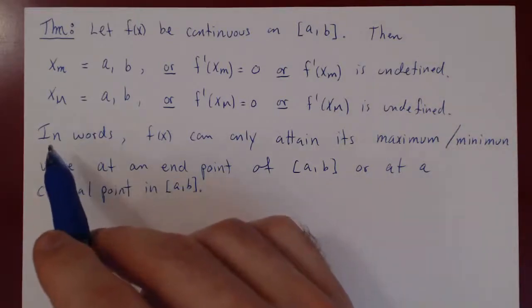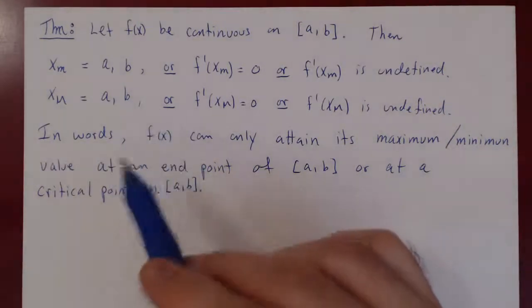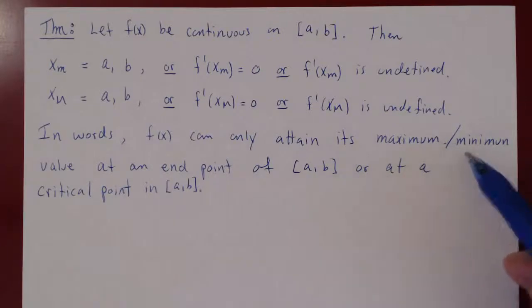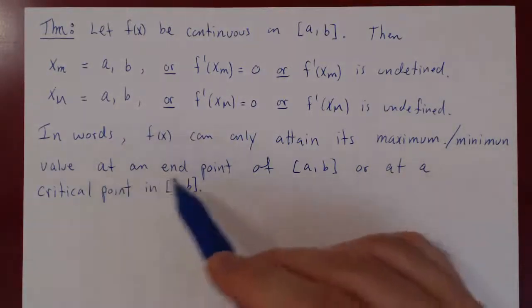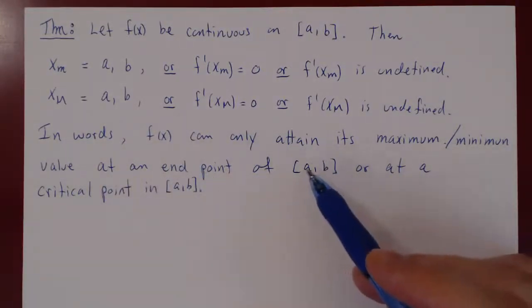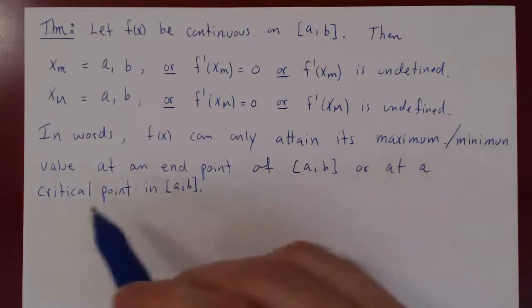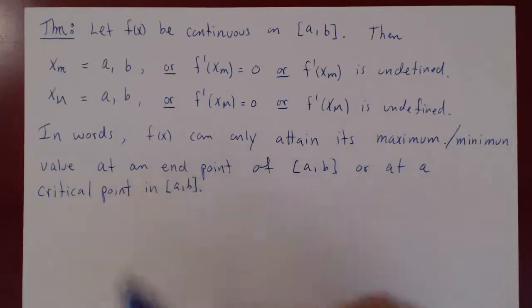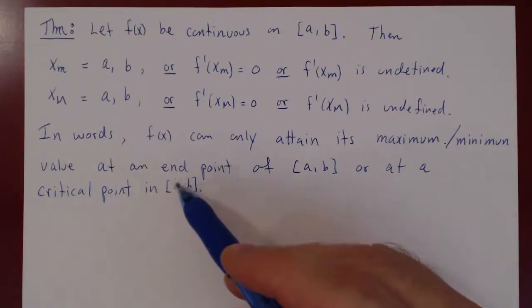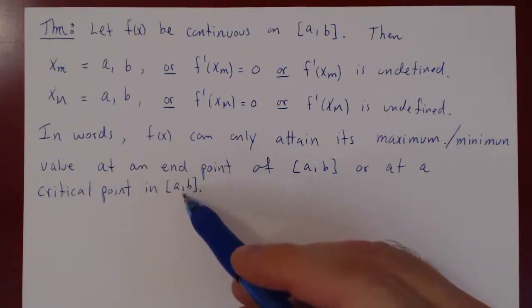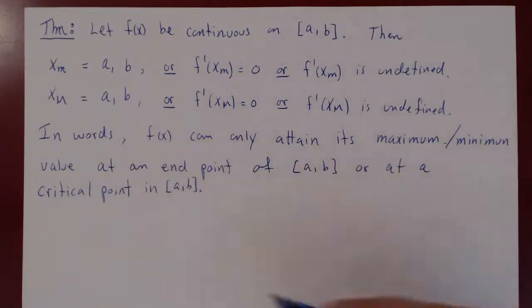And this result is quite simple. The function can only attain its maximum and or minimum value at an endpoint of the interval, so either a or b, or at a critical point in the interval. So a value of x inside of ab, where the derivative is 0 or undefined.